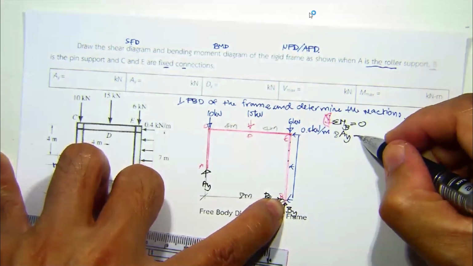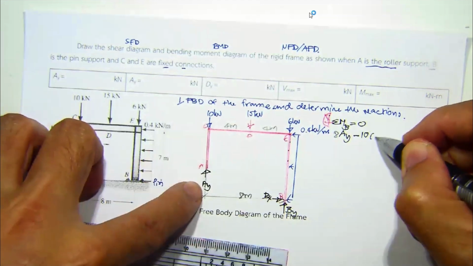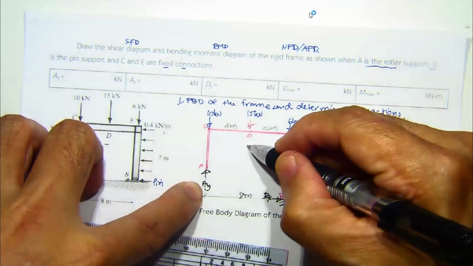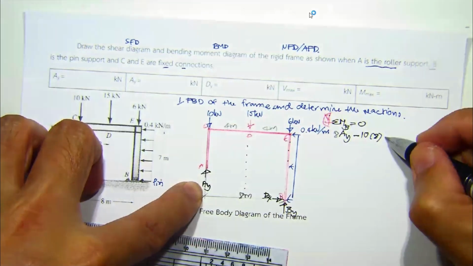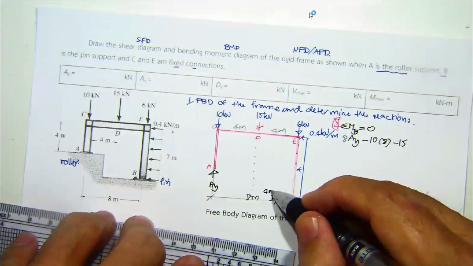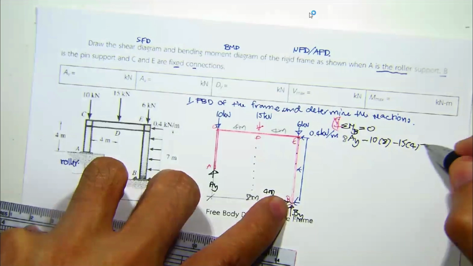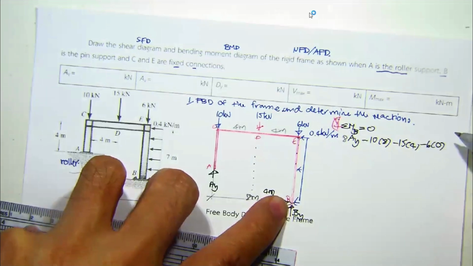This one produces no moment, and this one produces counterclockwise moment. So minus 10, the moment arm is 8. And for this one, minus 15, the moment arm is 4 meters. This one, 6 times 0.